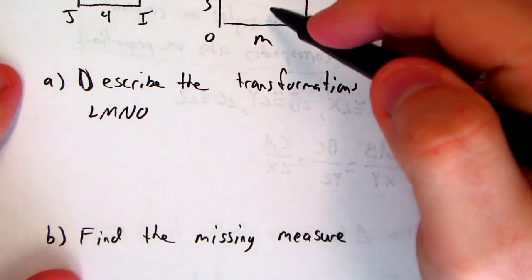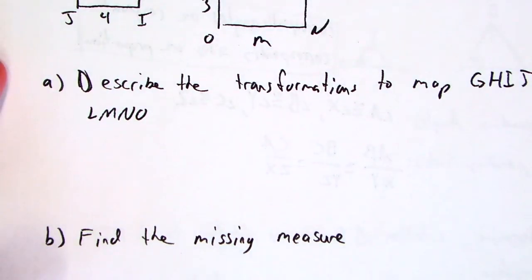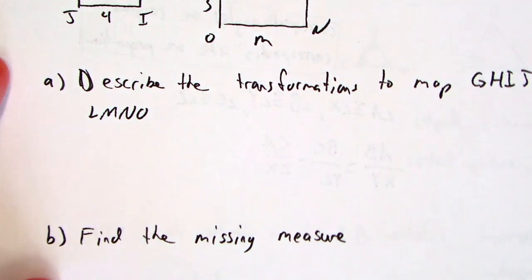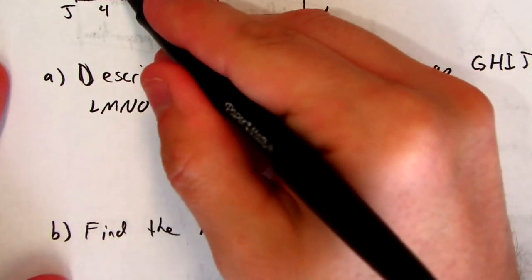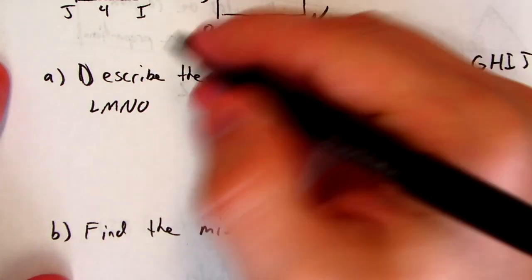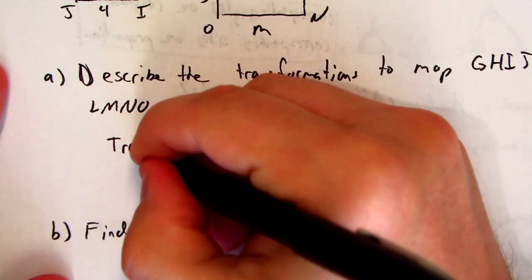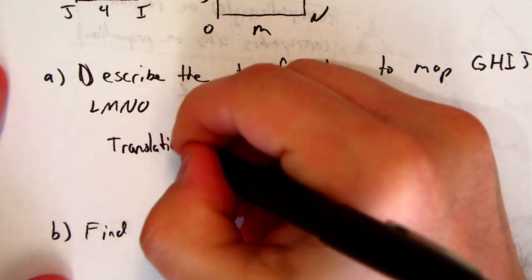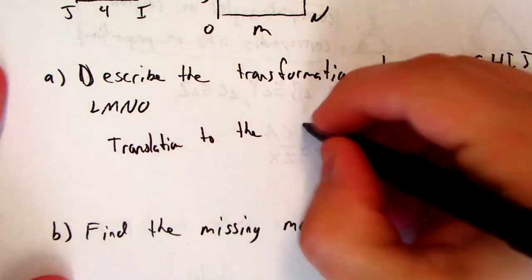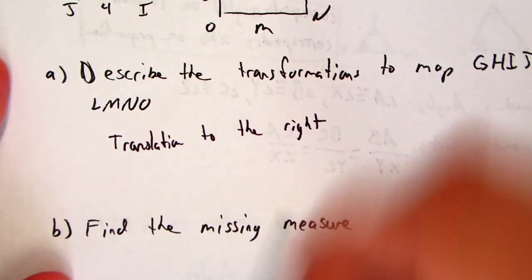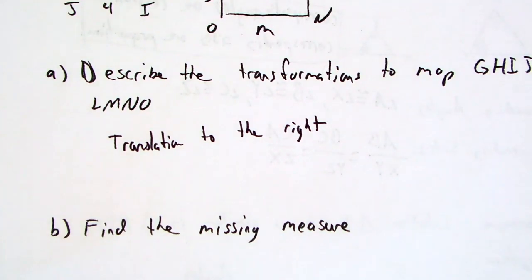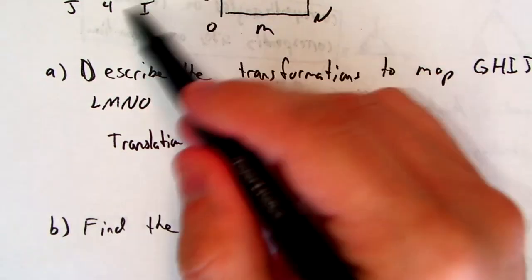So what we need to talk about here is how can we get this onto this? So first thing, we need to move them over. So we would say a translation to the right. And we can't say how many units because we don't know how far away these two figures are from each other.